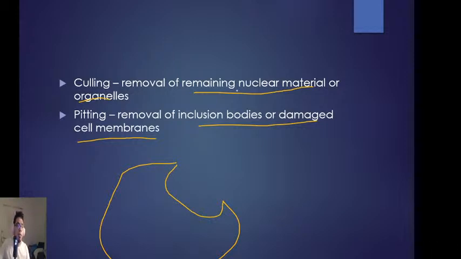Now, in the blood, what is the only hematopoietic precursor cell from the RBC series that you can see in the peripheral blood? Medyo pangit pa yung question ko.